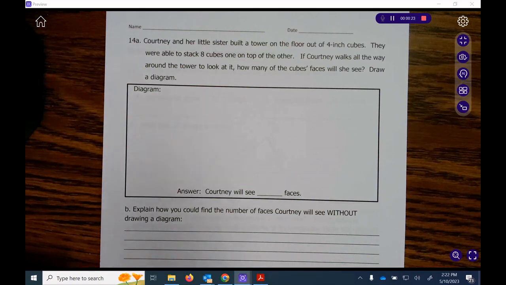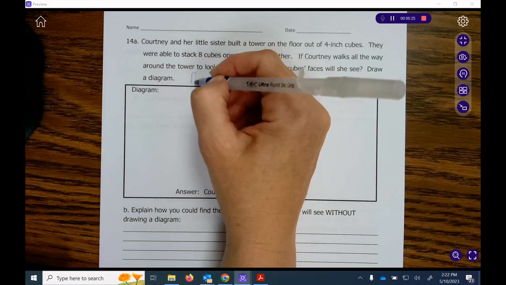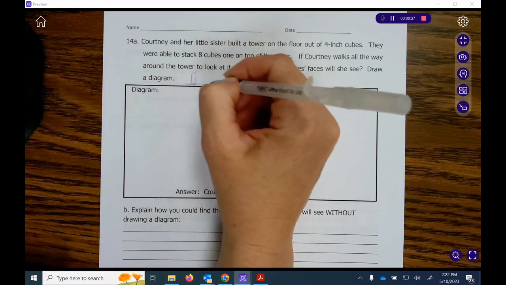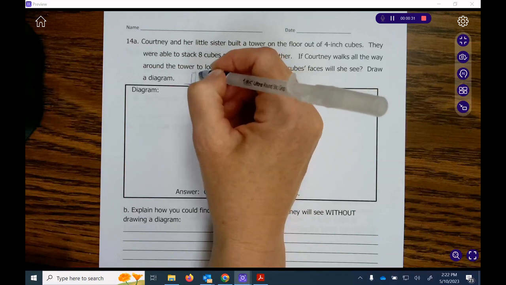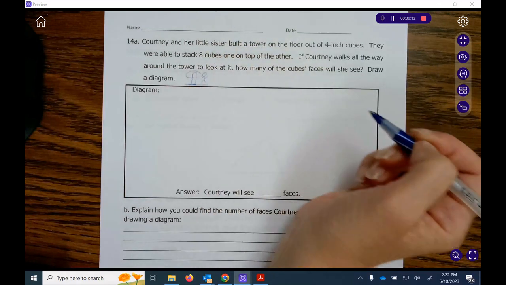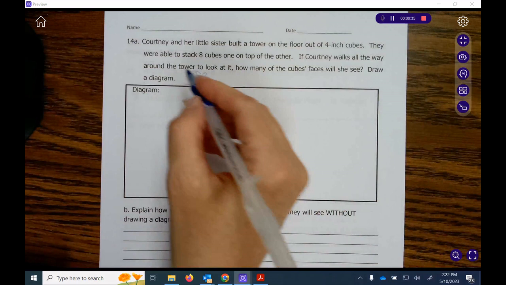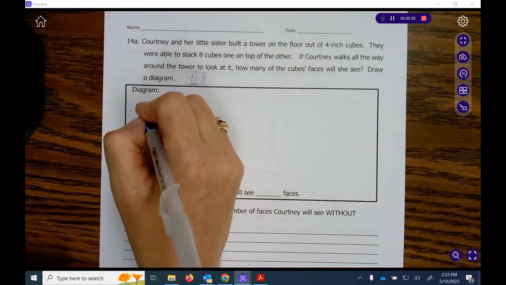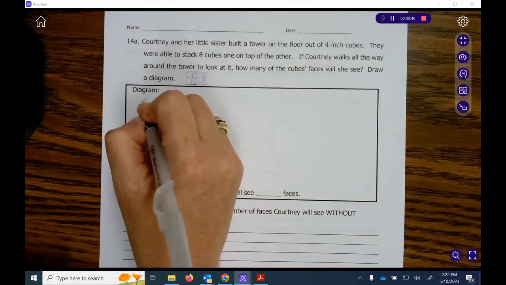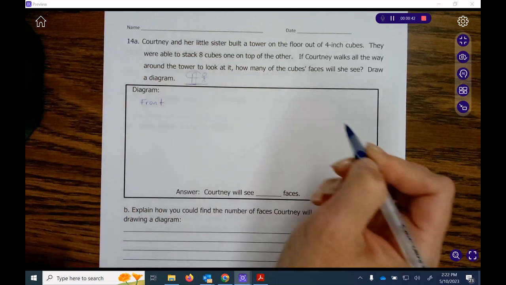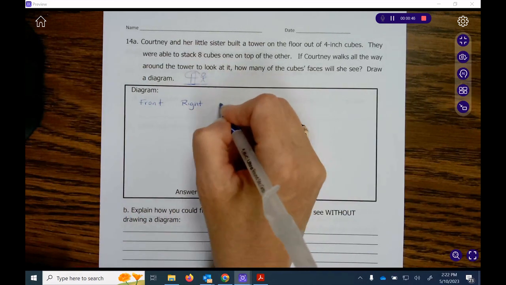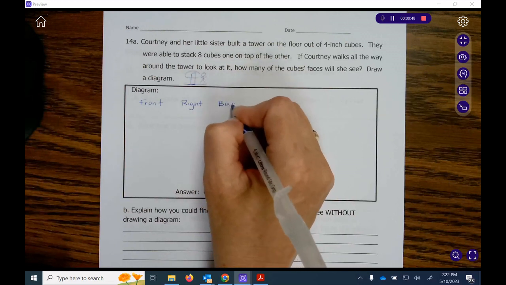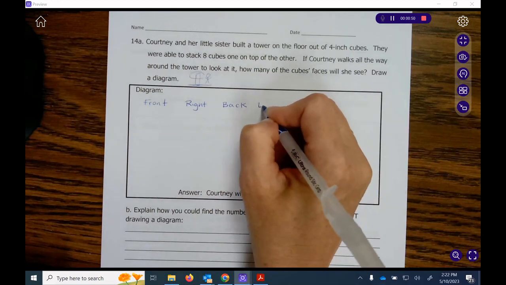All right, so if you can imagine, we have a tower here built, and we have a little girl named Courtney walking around the tower. As she walks around this tower, she is going to be able to see the front of the tower, the right side of the tower, the back of the tower, and then the left side of the tower.